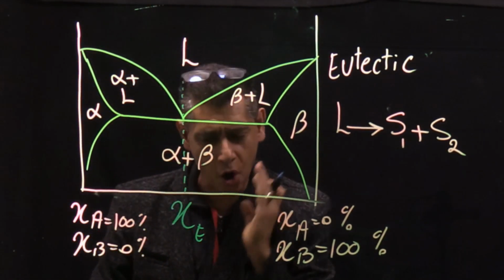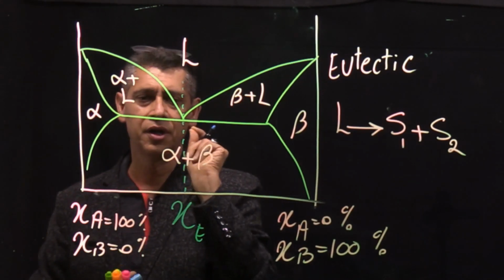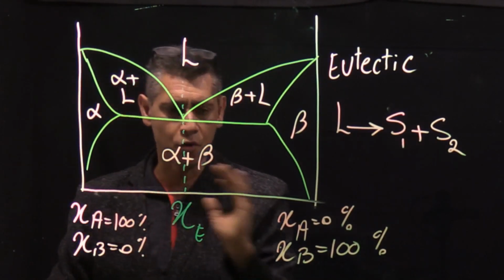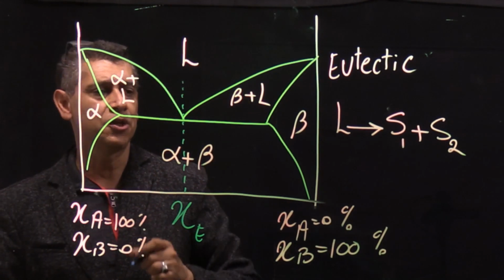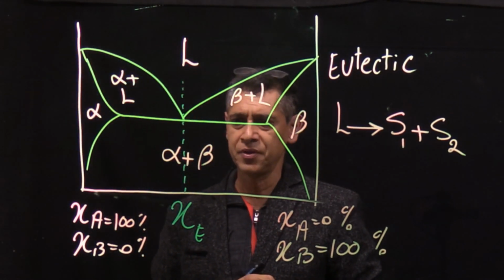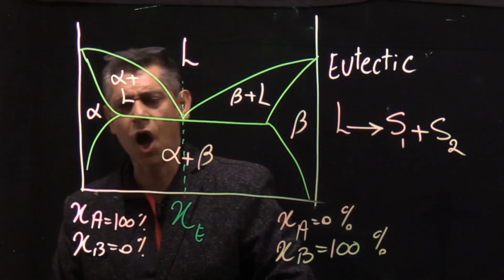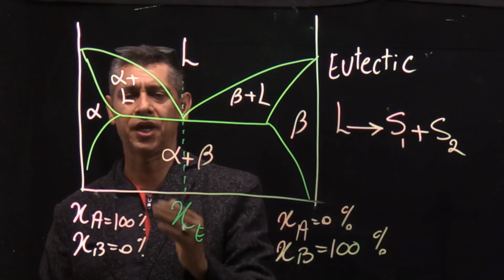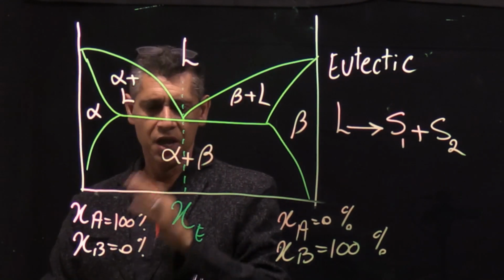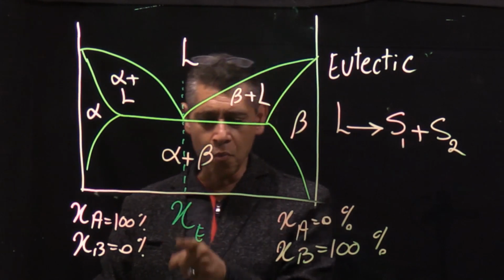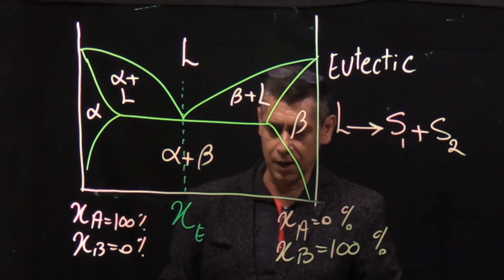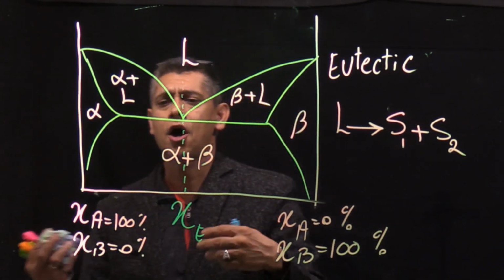But not necessarily am I always at this particular composition. I am less or more. If I'm less than the eutectic composition, it's called hypoeutectic composition. If I'm above or more than the eutectic composition, it's called hyper.